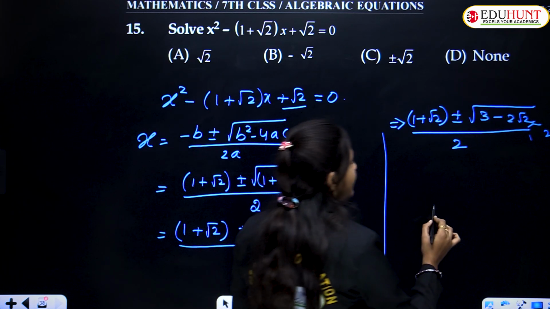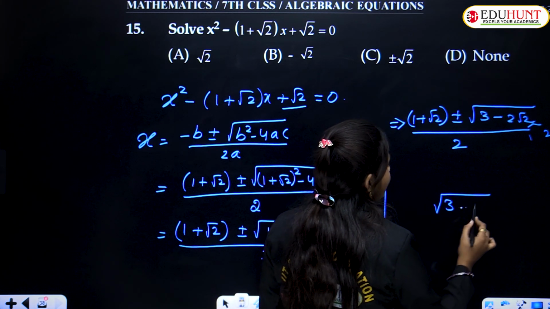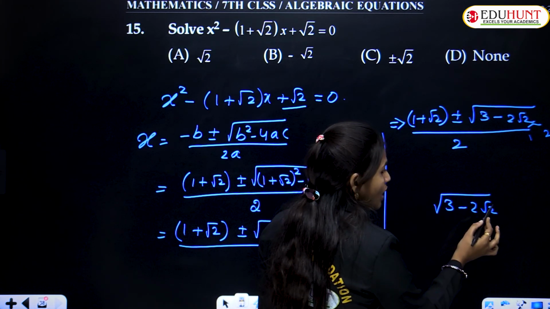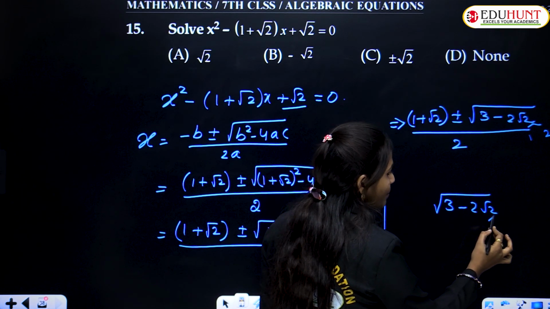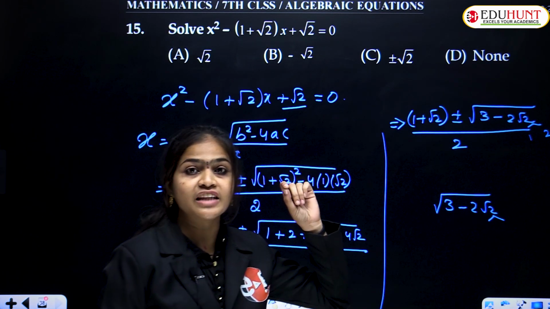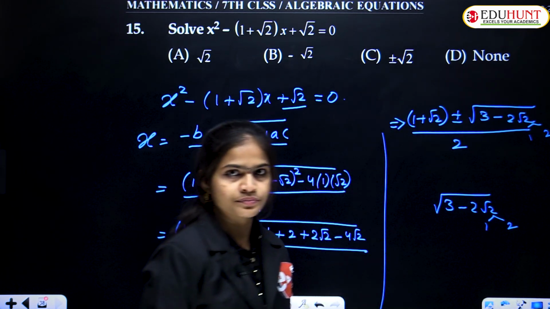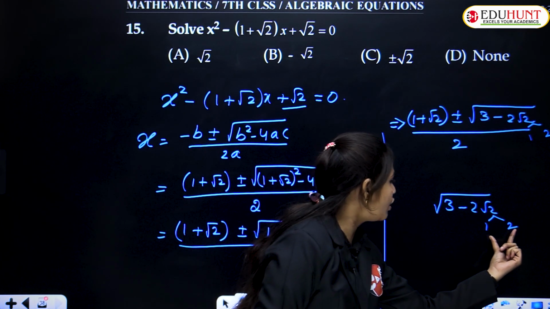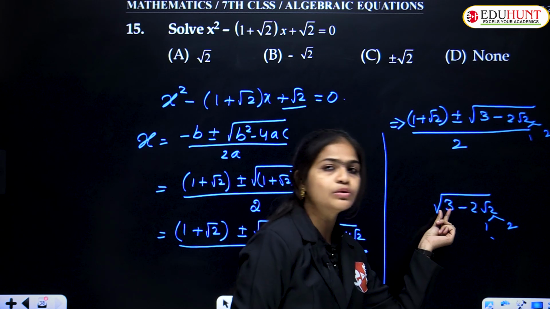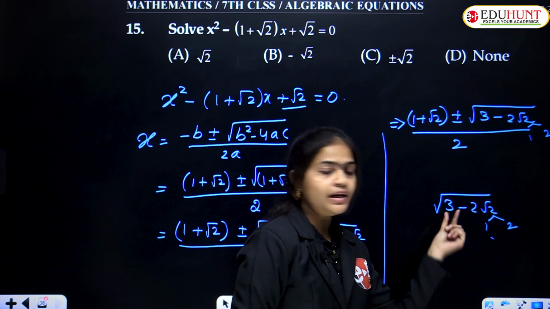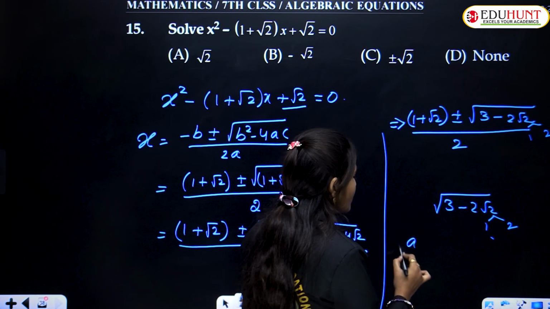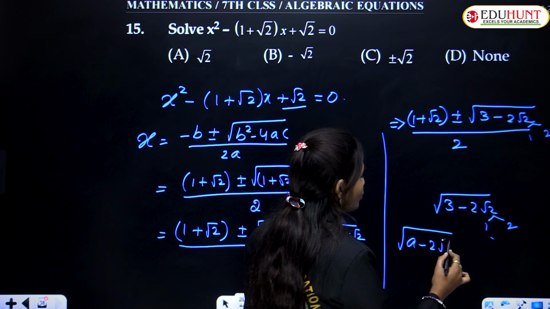Okay. Then easily we can write this one as 3 minus 2 root 2. So under that root, which number is there? For that number we have to take the factors. Okay. So 1 and 2 are the factors. Understand? So the addition of these two factors must be equal to the other number. So this is in the form of square root of a minus 2 root b.